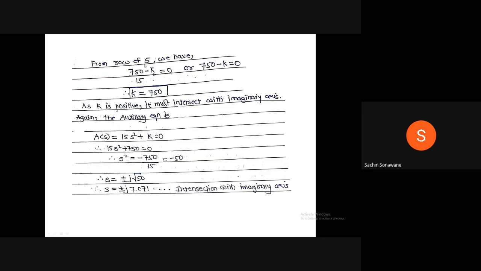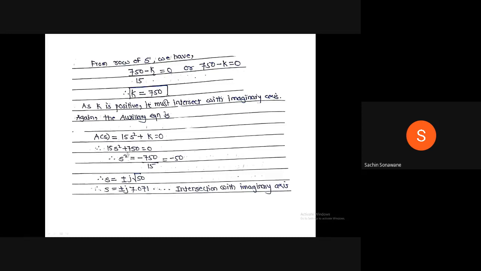Now in the row of s raised to 1, we have (750 minus k) divided by 15 is equal to 0, or 750 minus k is equal to 0. Therefore k is equal to 750. As k is positive, it must intersect with the imaginary axis. Again, the auxiliary equation is A(s) is equal to 15s square plus k is equal to 0.